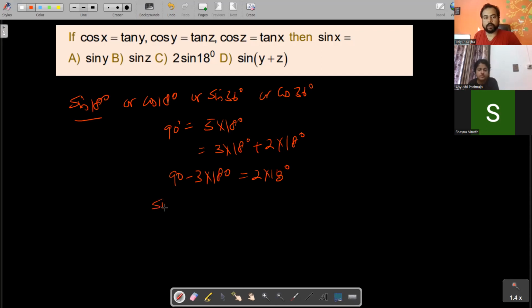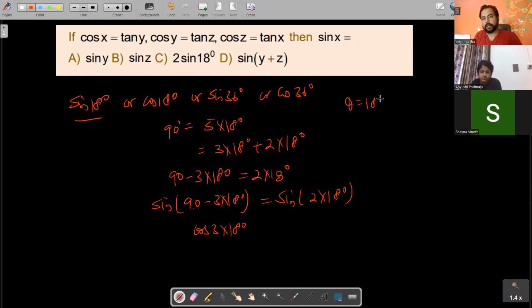Take sine. Sine of 90 minus theta is cos 3 theta, calling theta as 18 degree. And this is sine 2 into 18 degree. So this is cos 3 theta and this is sine 2 theta.